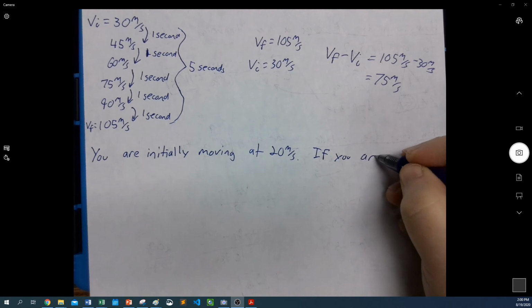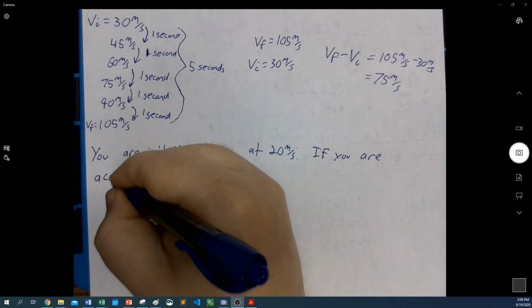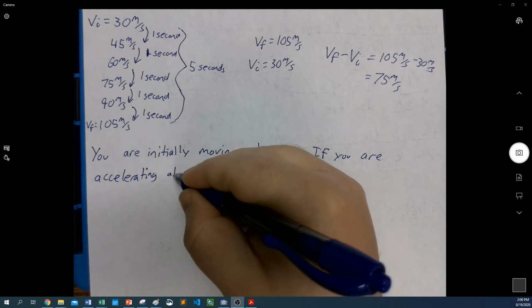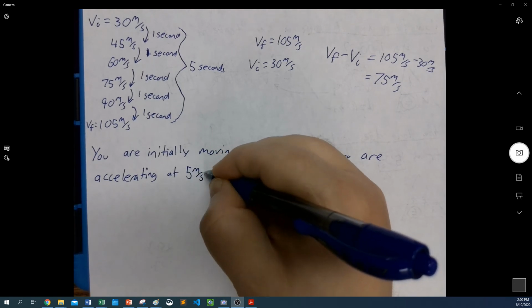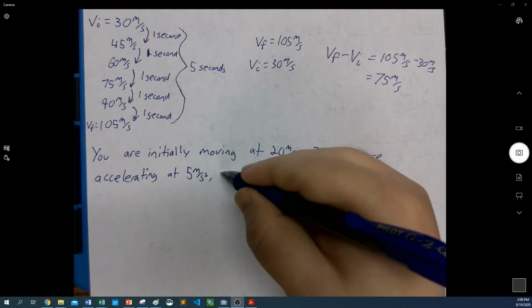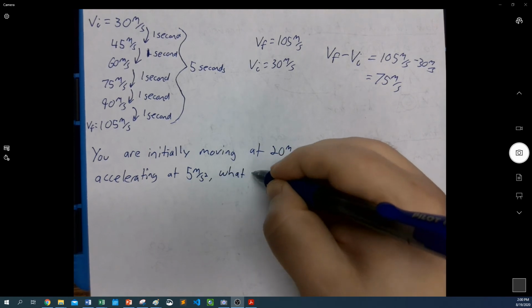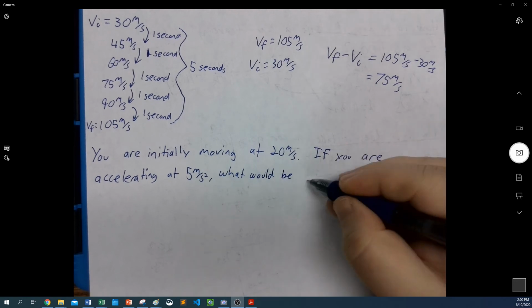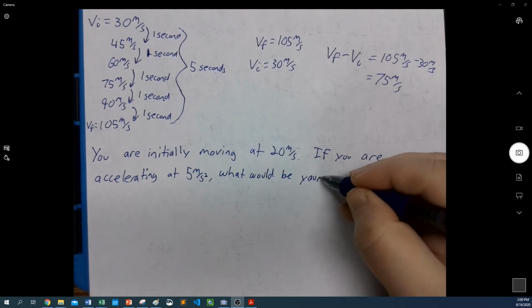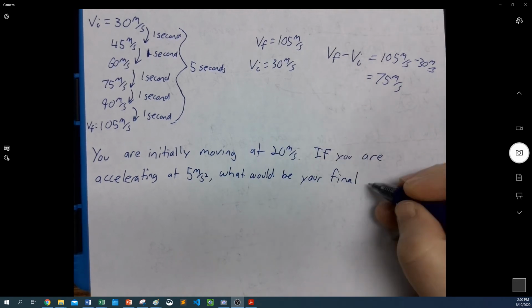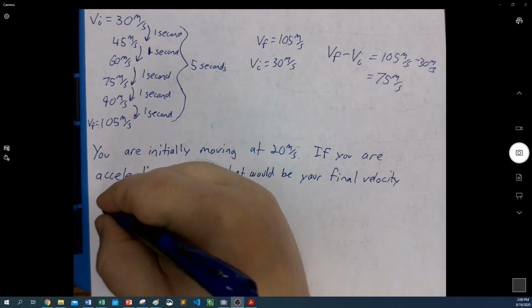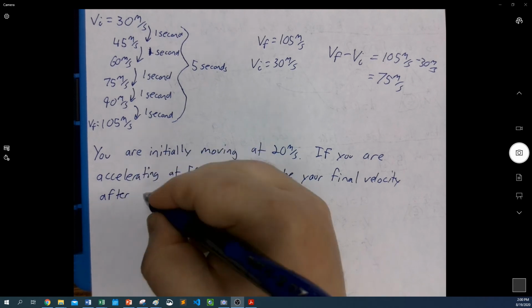If you are accelerating at 5 meters per second squared, what would be your final velocity after 7 seconds?